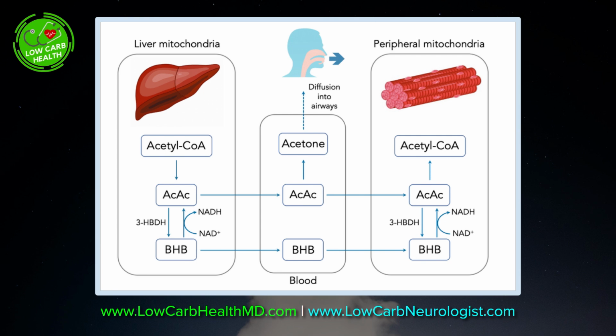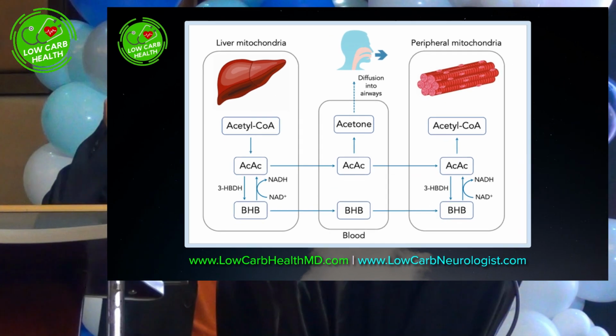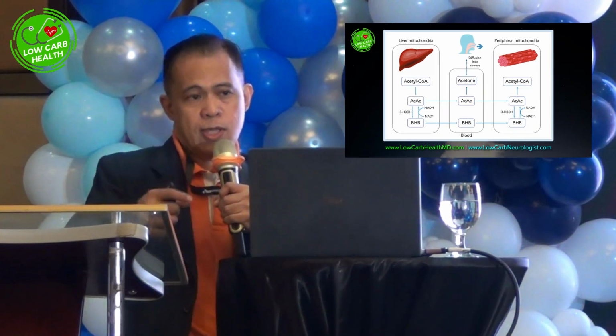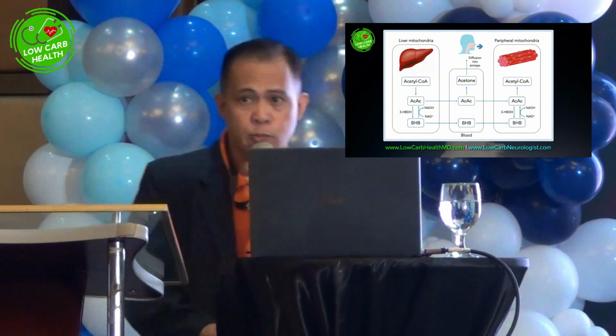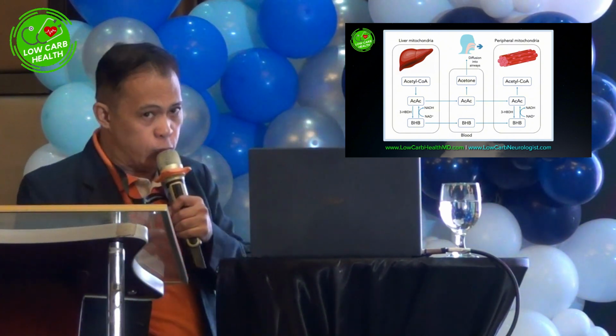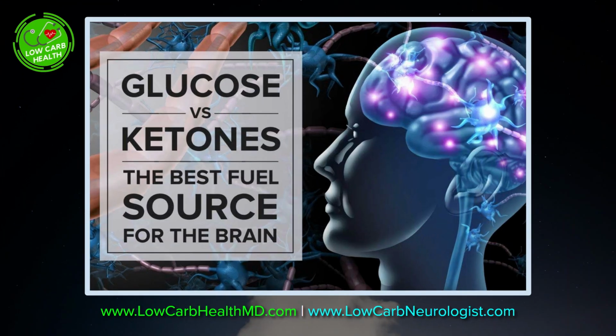acetoacetate and beta-hydroxybutyrate are used by our cells for energy in the mitochondria of our peripheral cells. Do you know that the favorite energy source of the heart muscle is ketone bodies? Okay, and of course the brain, because we are in neurology.